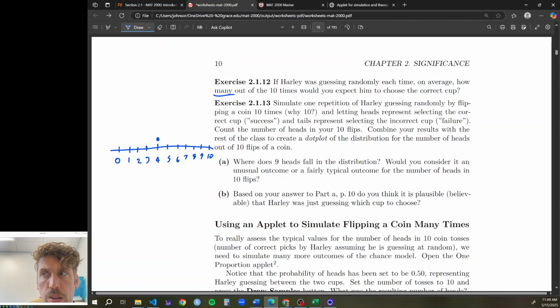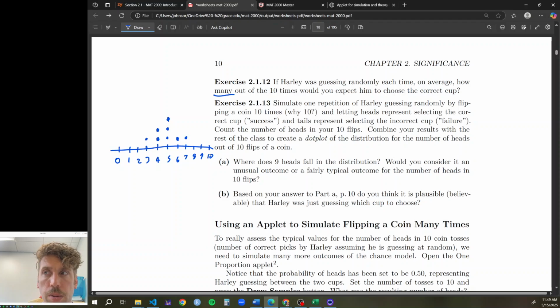Then say you're looking at the class's discussion and someone else got 7 out of 10, another person got 6 out of 10, and another person got 4 out of 10, so you put that dot above there. And let's say there's another 5, and another 5, and a 3, and maybe one more 5. And so that's an example of a dot plot, okay?